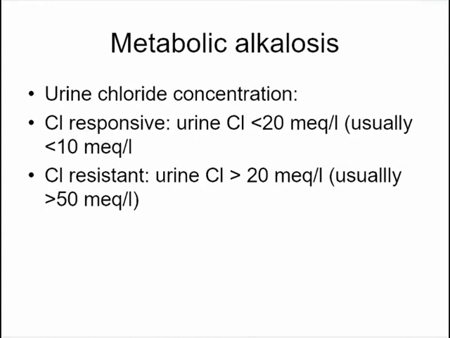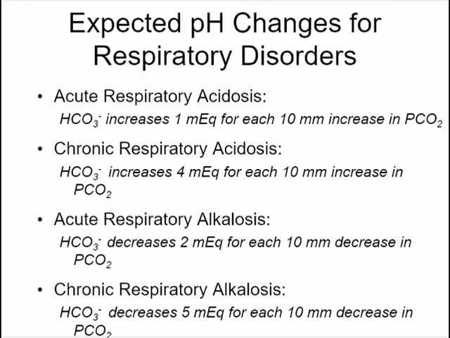So for your metabolic alkalosis, your urine chloride concentration may be less than 20 mg per liter, but it can also be less than 10 mg per liter in chloride responsive. But in chloride resistant, your urine chloride can be greater than 20 mg per liter, and it is usually 50 mg per liter. So these are the expected changes in your pH for your respiratory disorders.